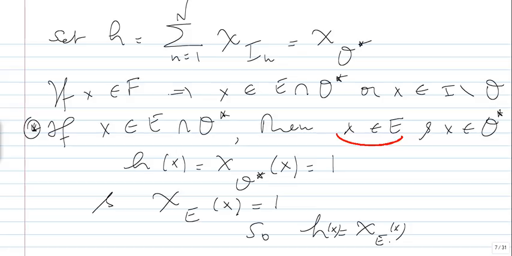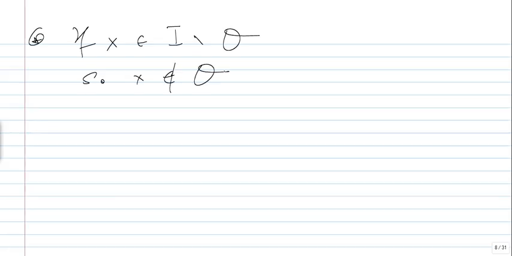Good. So the second case, if x belongs to I minus O. So x does not belong to O. So clearly this implies x does not belong to E and x does not belong to O star.